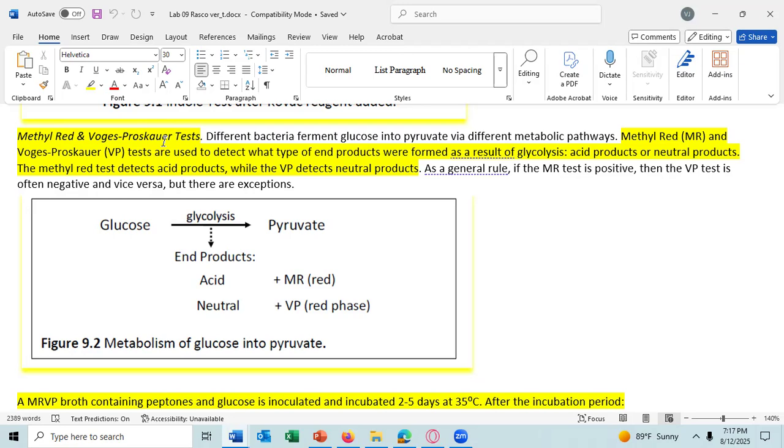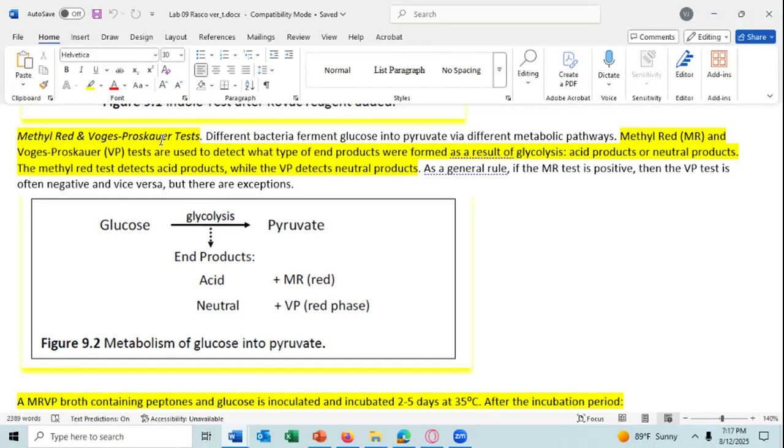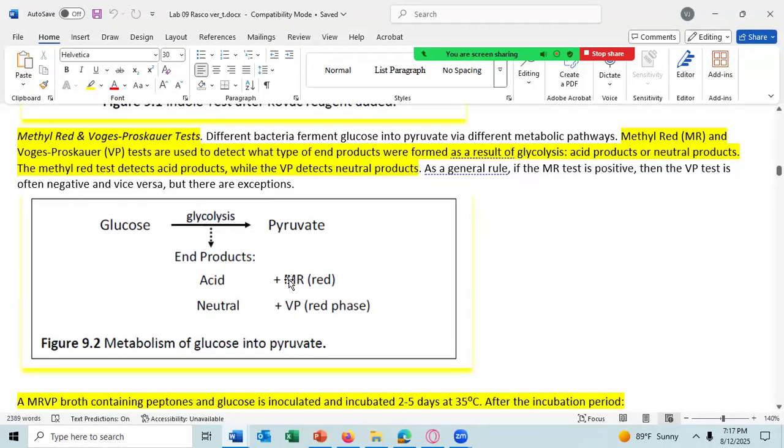Both the MR test and the VP test are used to look at the end products of glycolysis. If acid products are made, we can determine that from the MR test. But if neutral products are made, we can determine that from the VP test.